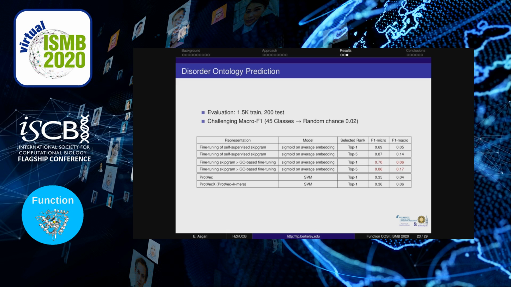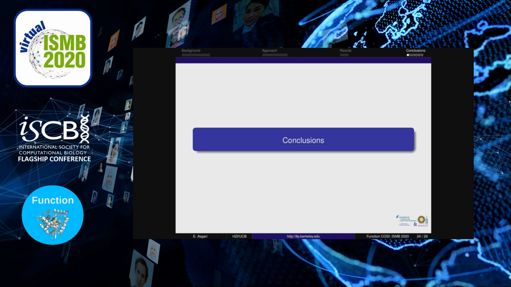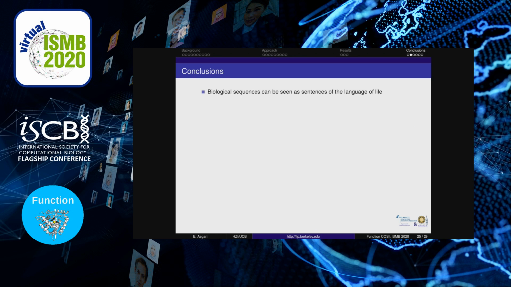And this is also higher, at least in the micro F1, when compared with the use of ProtVec or concatenation of ProtVec and k-mers using an SVM model. Conclusions. Biological sequences can be seen as sentences of the language of life.